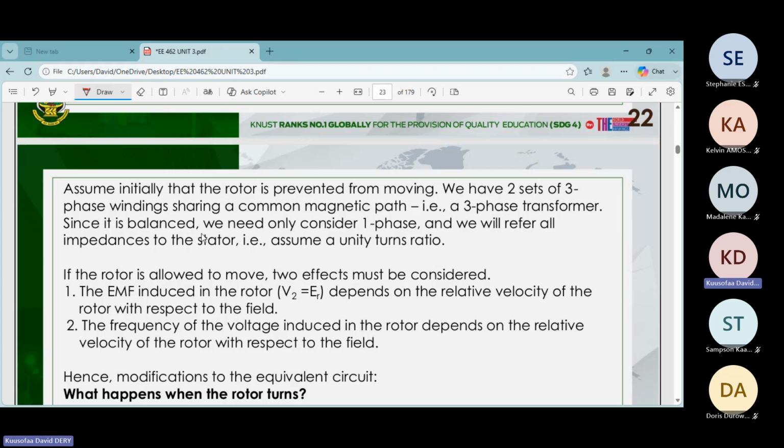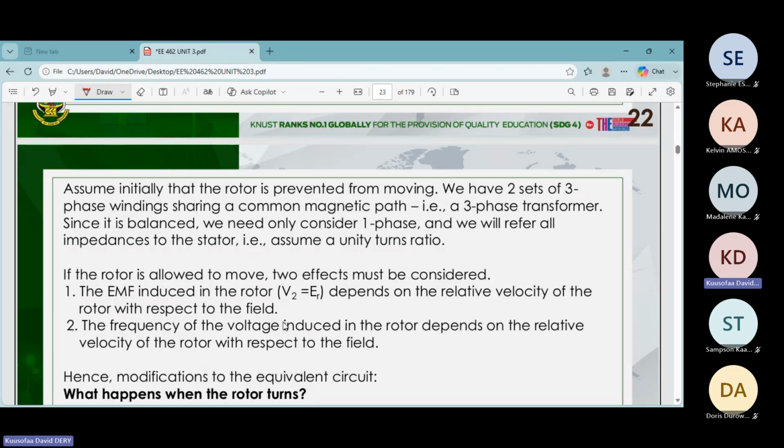We explained that when it's rotating, the rate at which the stator flux cuts the rotor reduces, because they are almost at the same speed and the difference is very small. So the frequency on the rotor side will be different from the frequency on the stator side. So what should we do?